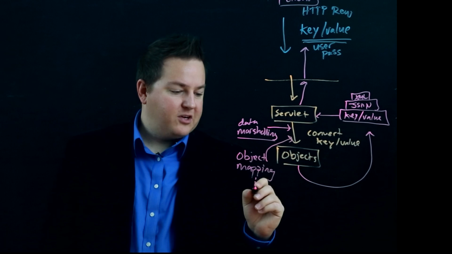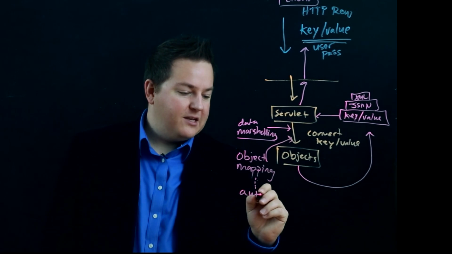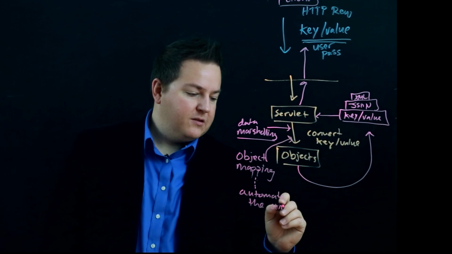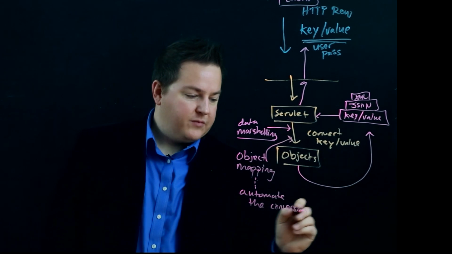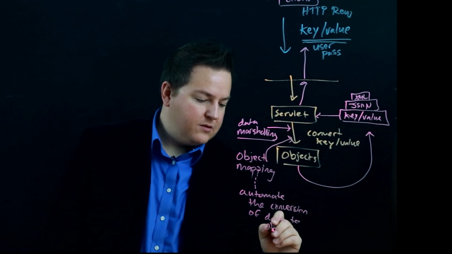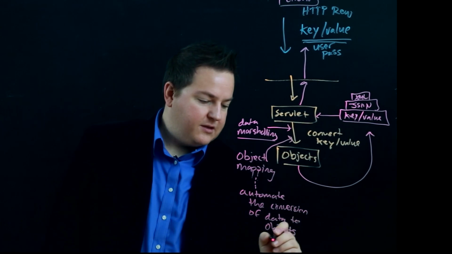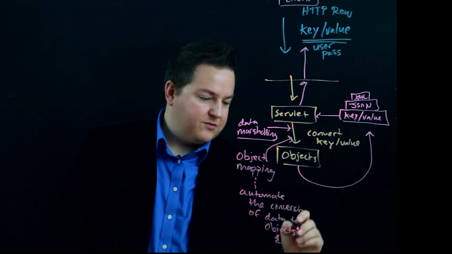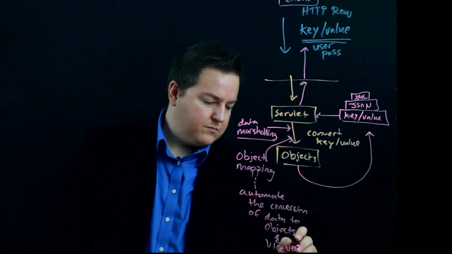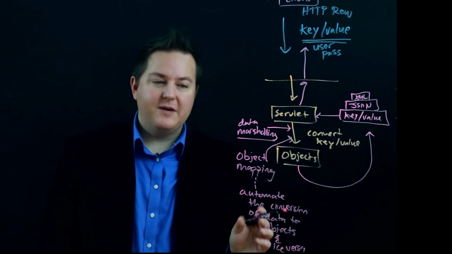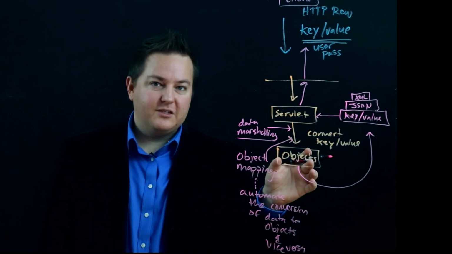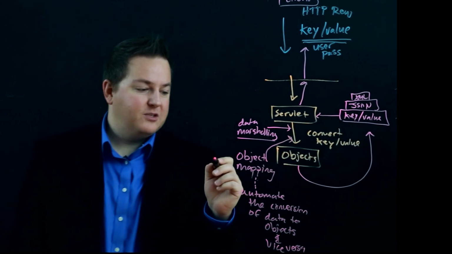So object mapping frameworks automate the conversion of data to objects and vice versa. So this is what object mapping is: we take in some data and then we automatically convert it to objects using some object mapping library.